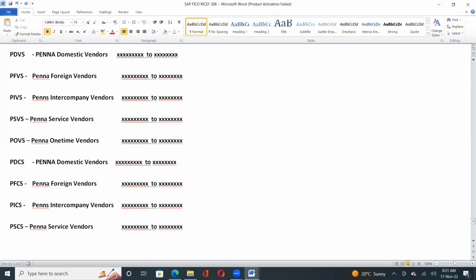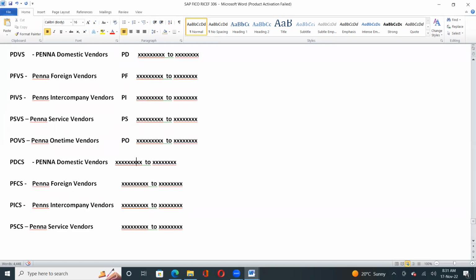for domestic, I'll give it as PD number range key. And this is for PF number range key. Intercompany, I'll give it as PI. Service vendor, I'll give it as PS. PO for one-time vendors.